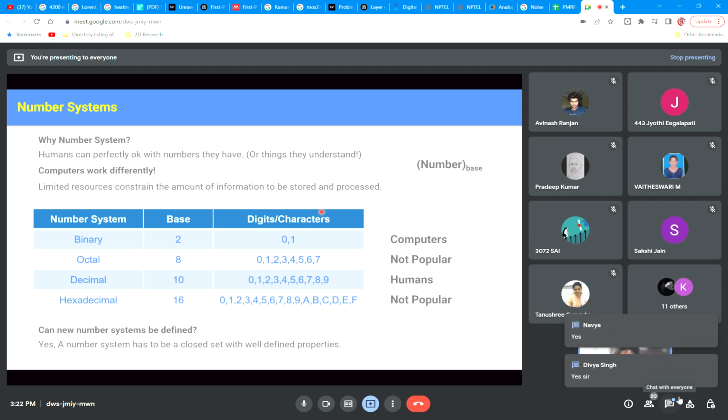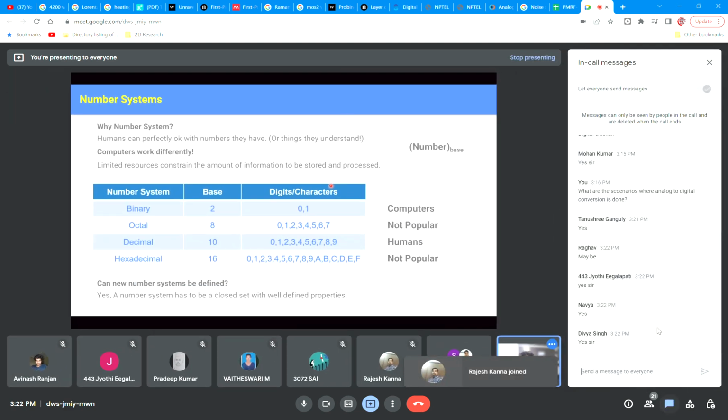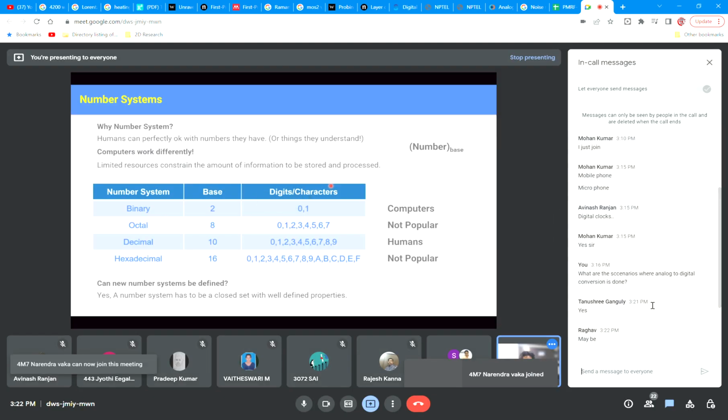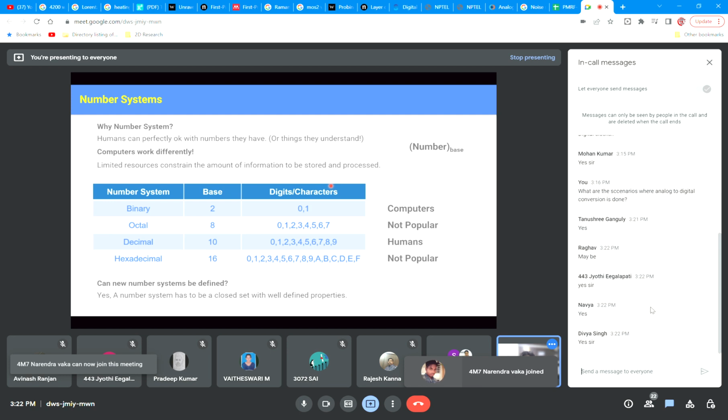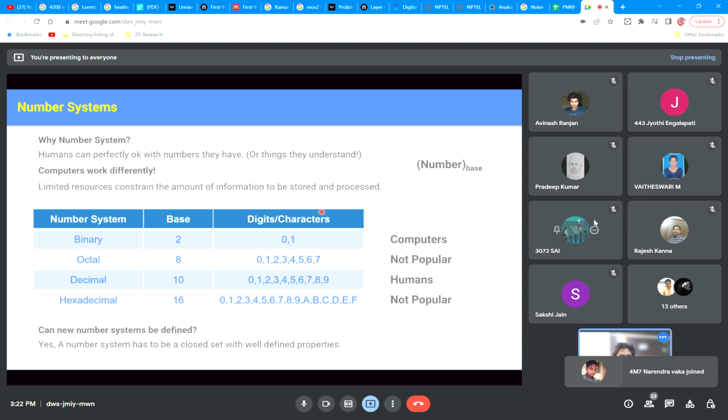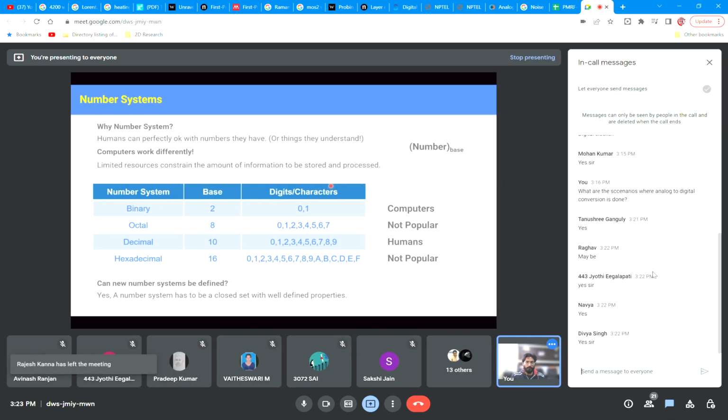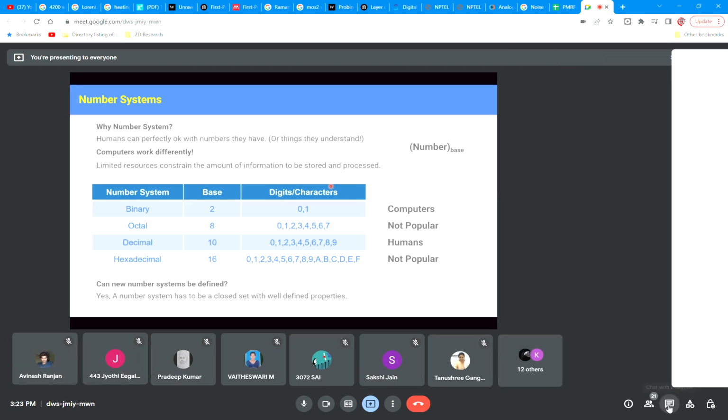Are only girls joining this course or boys don't want to participate? Where is Avinash? Do you want to pitch in? Can new number systems be defined? Okay, so we'll just move on.